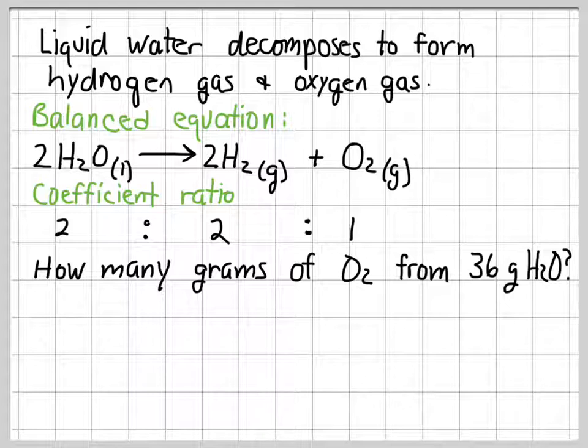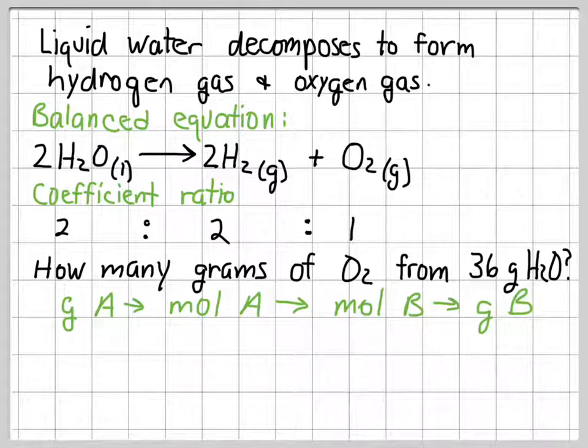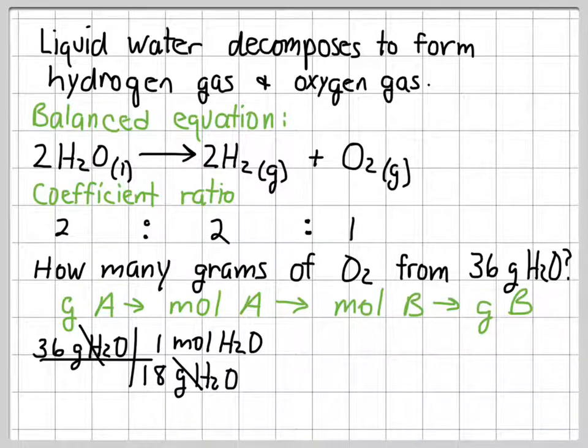So where do we start? We are given 36 grams of water. That's the known. We have to solve for grams of oxygen. Here's the way we'll go through the map. Grams of substance A, grams of water, to moles of substance A, across the bridge to moles of substance B, oxygen, to grams of substance B. I'm just going to use whole numbers here for my masses just to keep the screen from getting cluttered. I still want you to use molar masses to the hundredths place and round appropriately for sig digs.